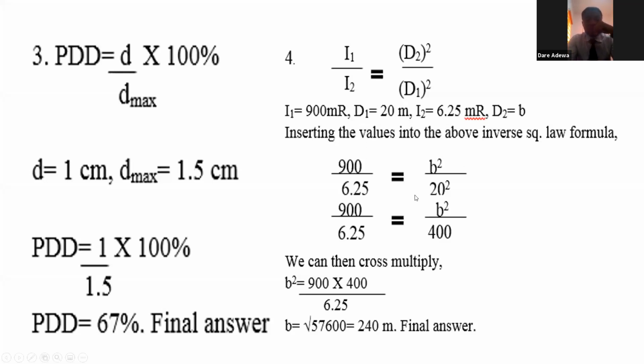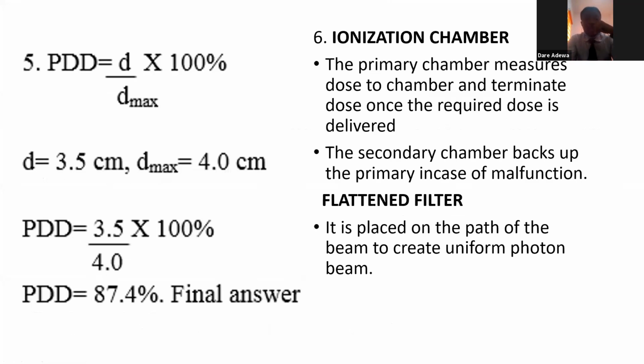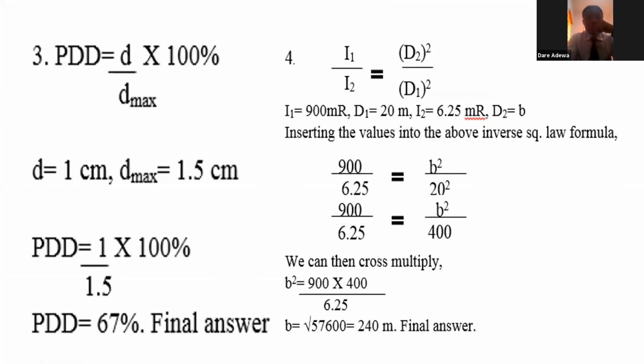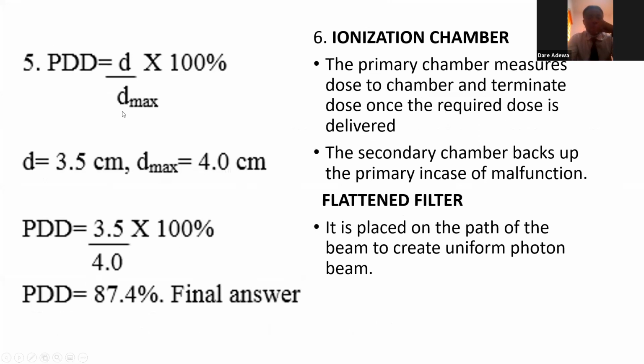So we insert all those values back into this formula, and we then cross multiply, and the square root of 57600 is 240 meters. So now if your final answer is different from 240 meter, then you should take down the correction, and you can redo it. Now to the fifth one, now is on PDD again, and that's the same formula. Our dose at this step is 3.5, and dose at D max is 4.0 cm.